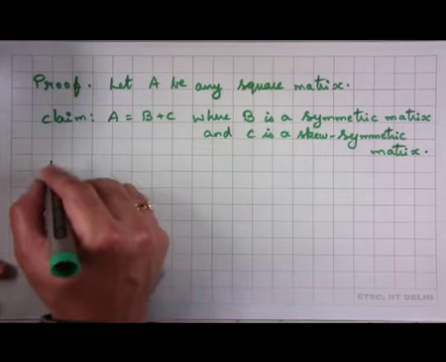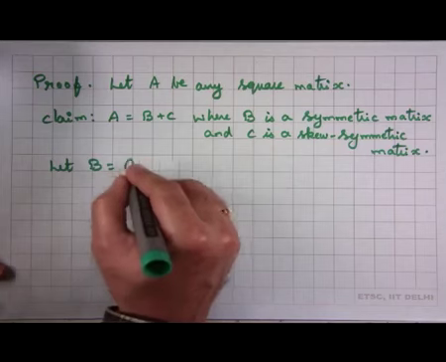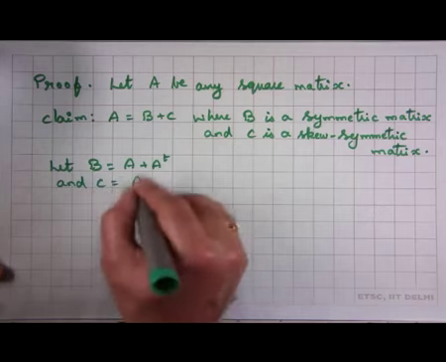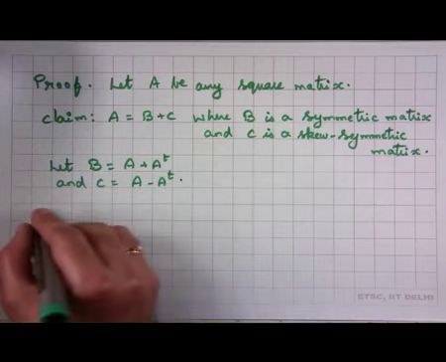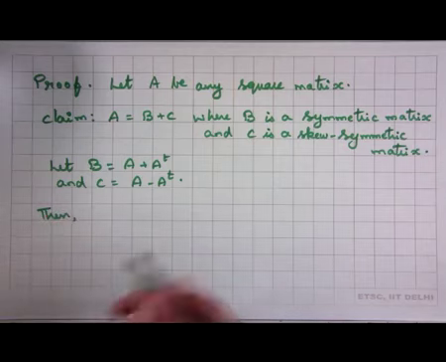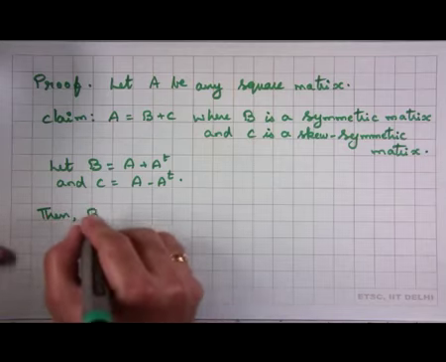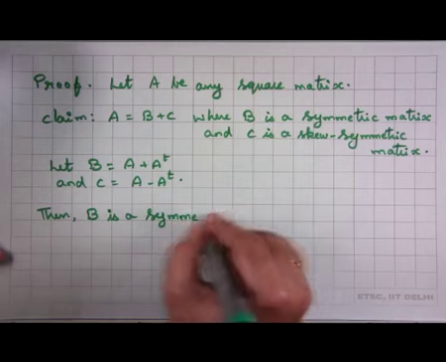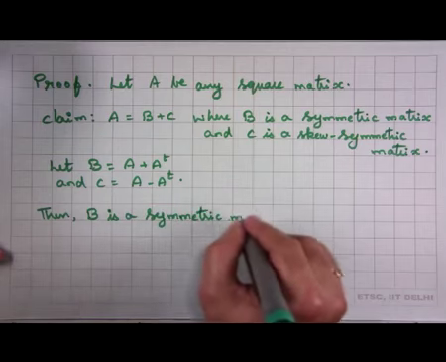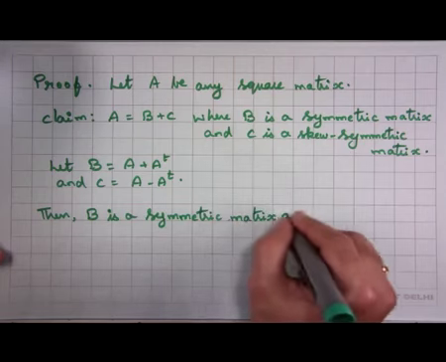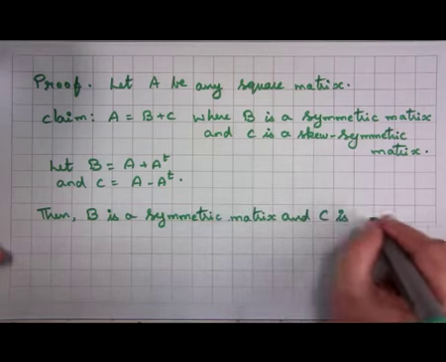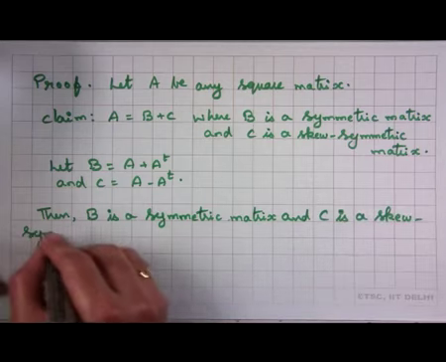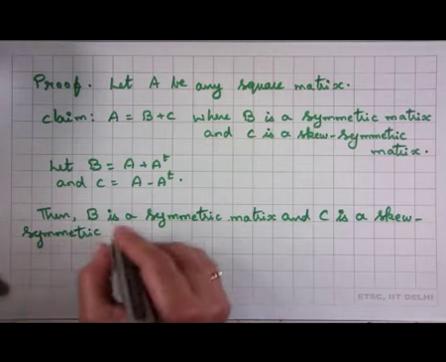So, let B equal to A plus A transpose and C equal to A minus A transpose. Then from what we have done previously, it follows that B is a symmetric matrix and C is a skew symmetric matrix.